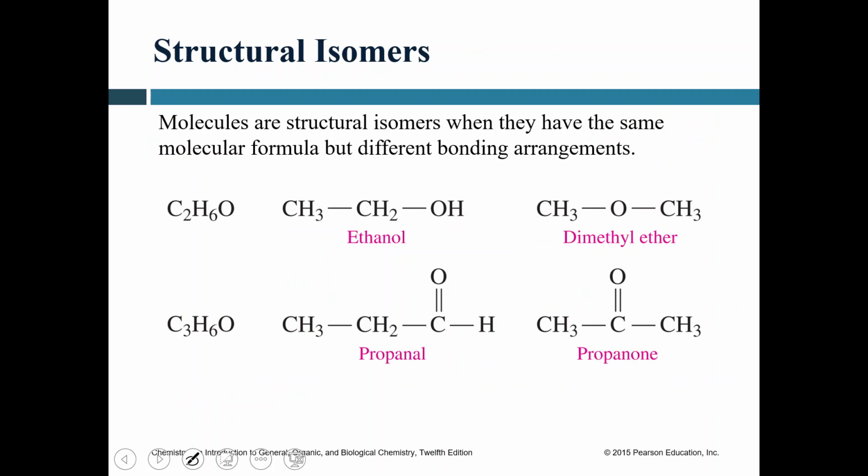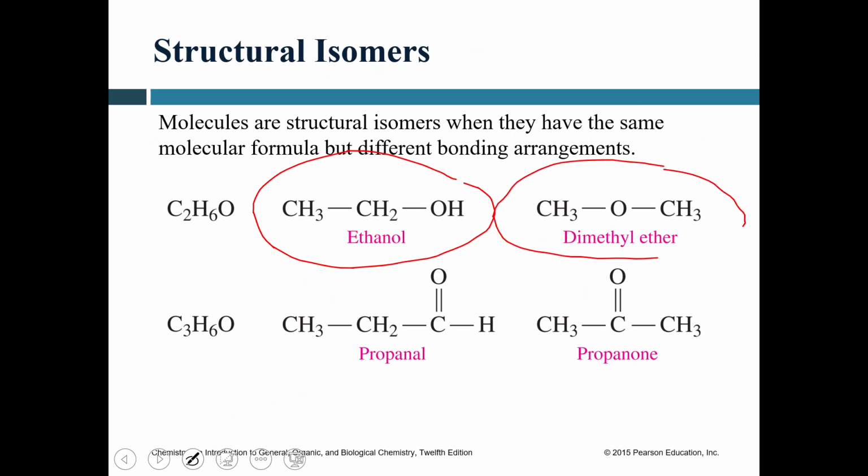To understand the concept of chirality, we first need to understand the concept of structural isomers. Molecules are called structural isomers when their molecular formulas are the same, but bonding arrangements in those molecules are different. For example, ethanol and dimethyl ether are structural isomers.